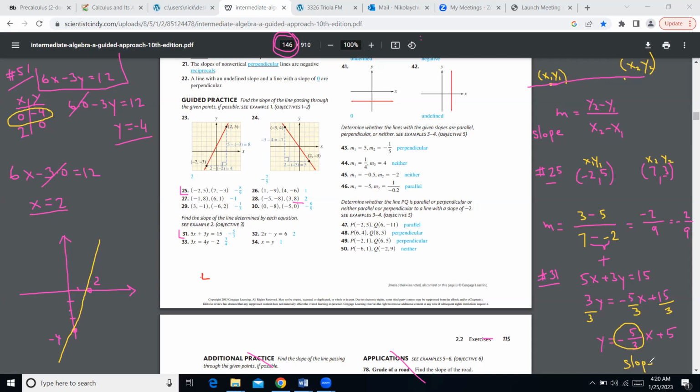And that's a pretty neat way to find the slope that the next section of chapter 2 is talking about.